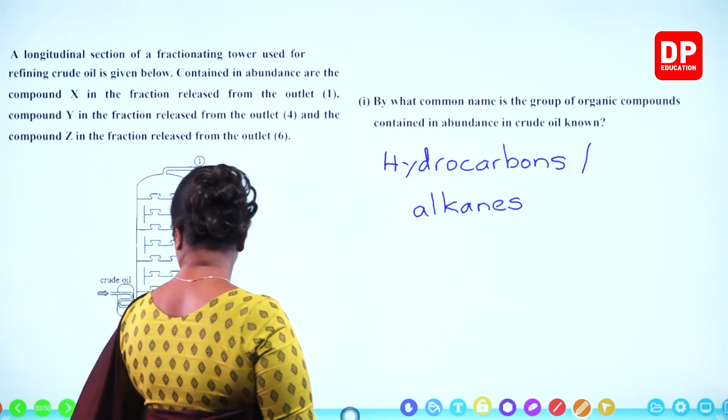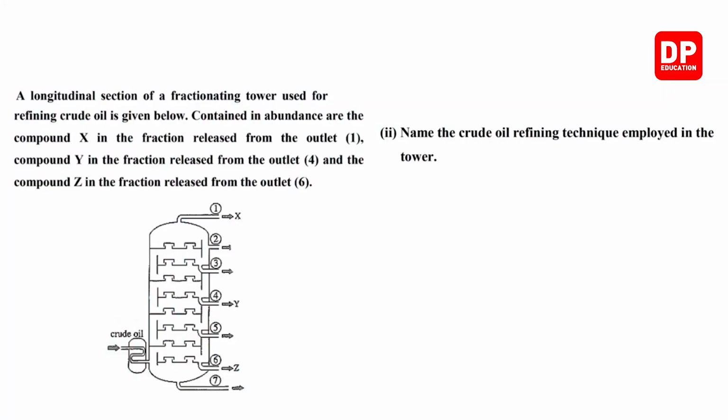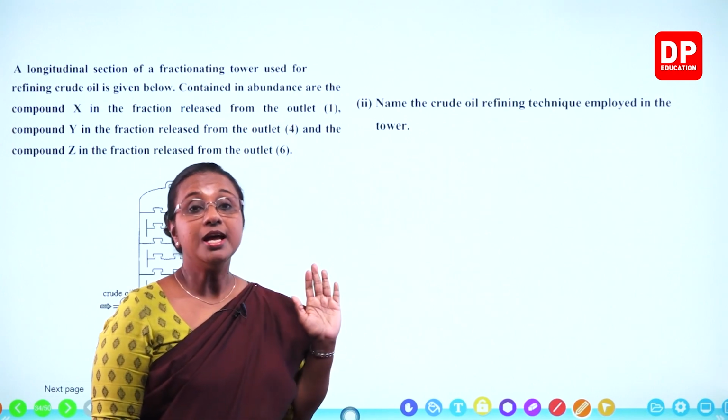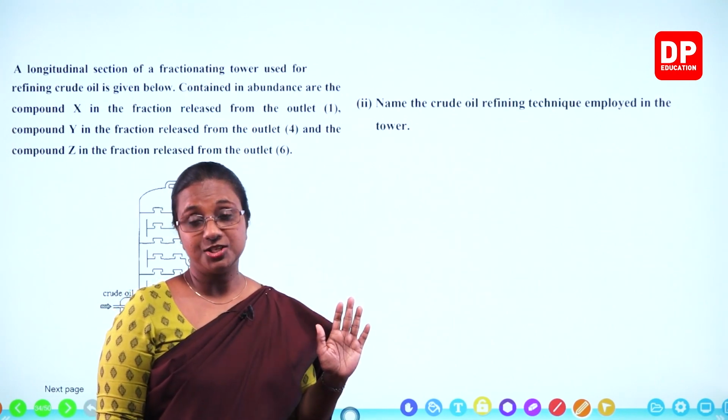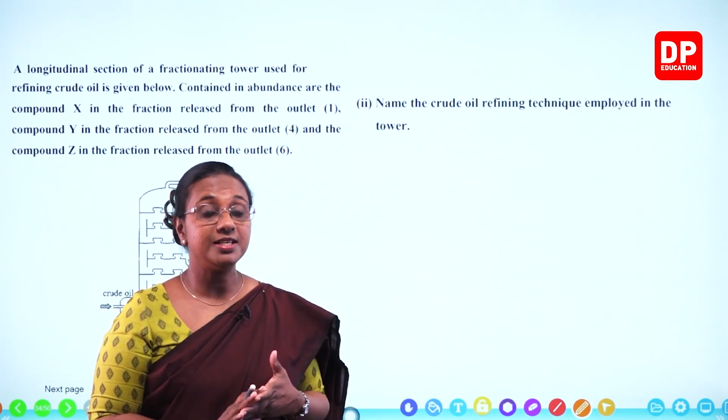With that, the next part. Again, the question is given on this side, so I am not going to read it again and again. The second part: name the crude oil refining technique employed in the tower. Like I told you all, fractional distillation. You all know the meaning of distillation.